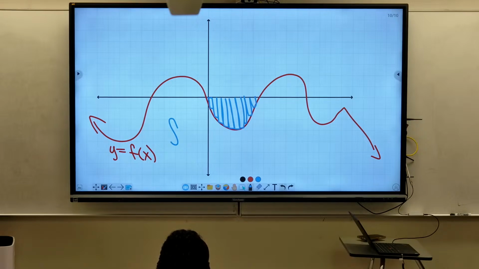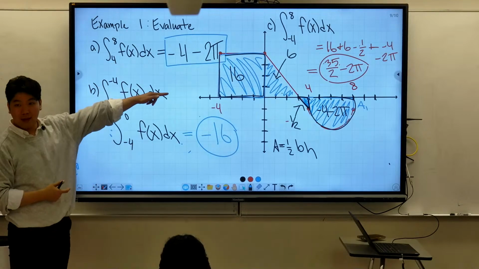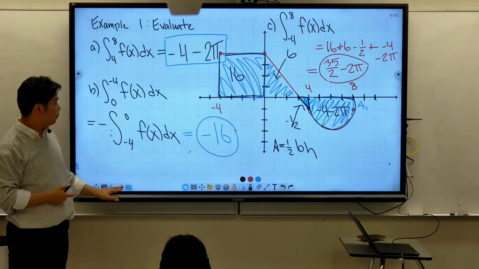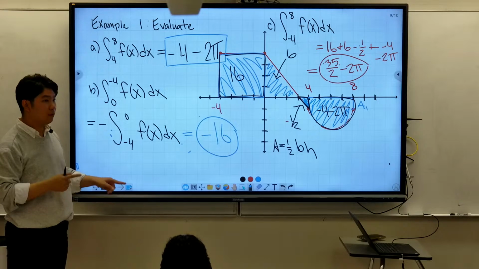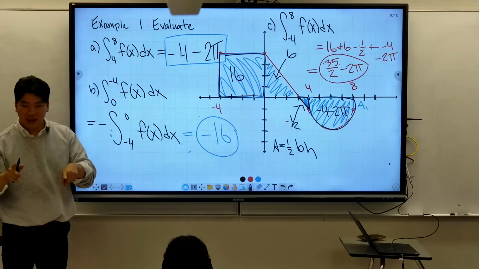The integral of the function is the area. Because remember, we did it right here. The integral is the area.